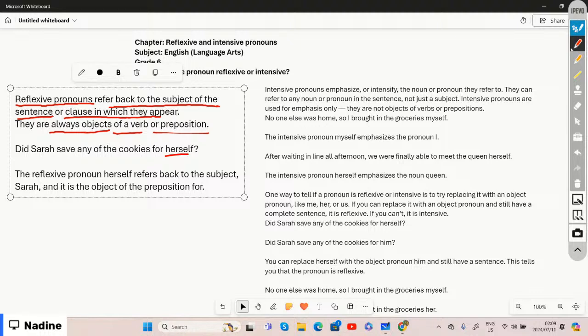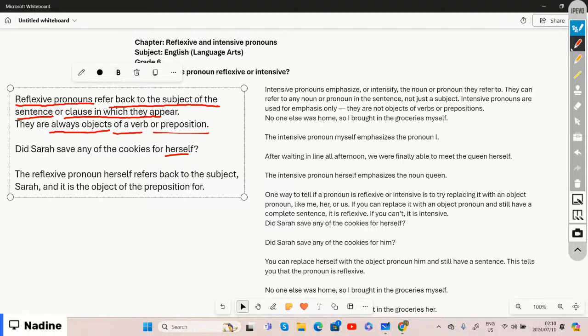Our singular reflexive pronouns end in "self," and our plural reflexive pronouns end in "selves." We are going to go deep into the lesson and go over that again.